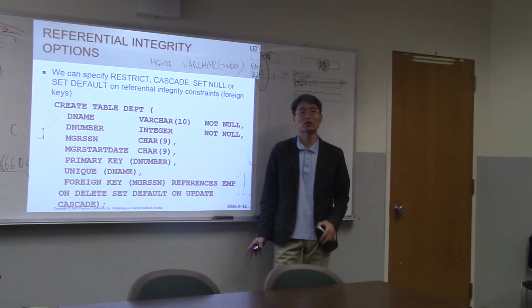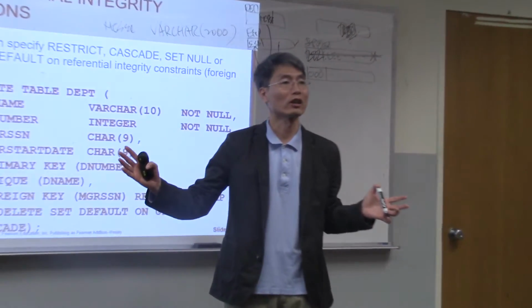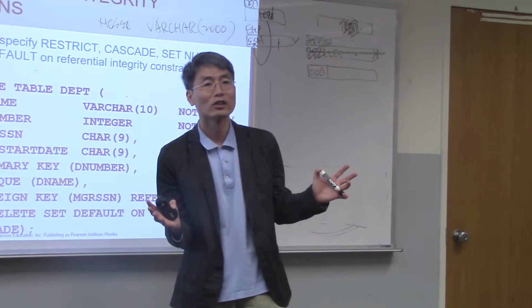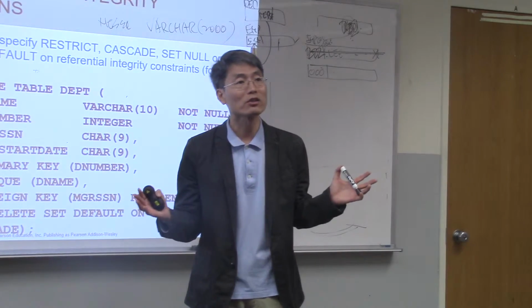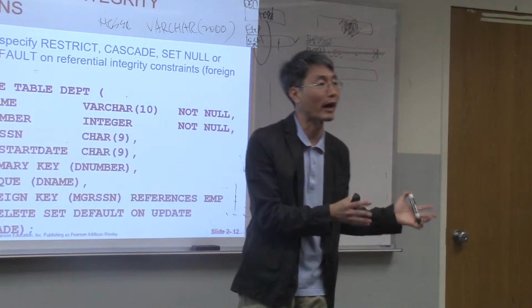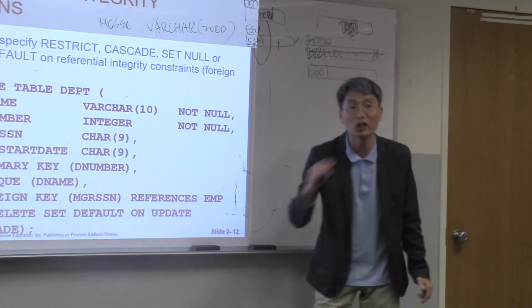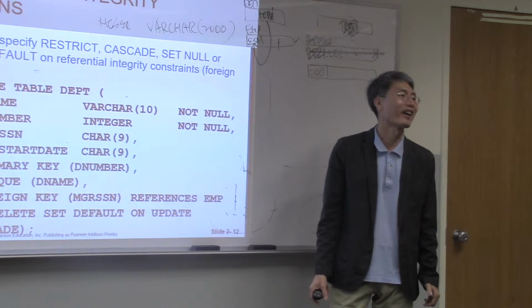Okay? Sometimes unusual situations always happen. Sometimes there are employees who are not assigned to any project. Sometimes there are employees who are going to retire, so there's no supervisor or something like that. Anything can happen. But if we have such detailed constraint options, it will be very hard to manage.